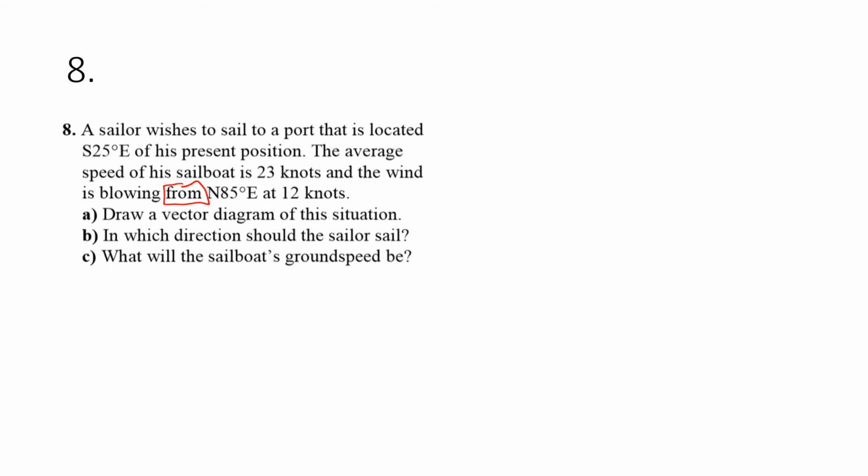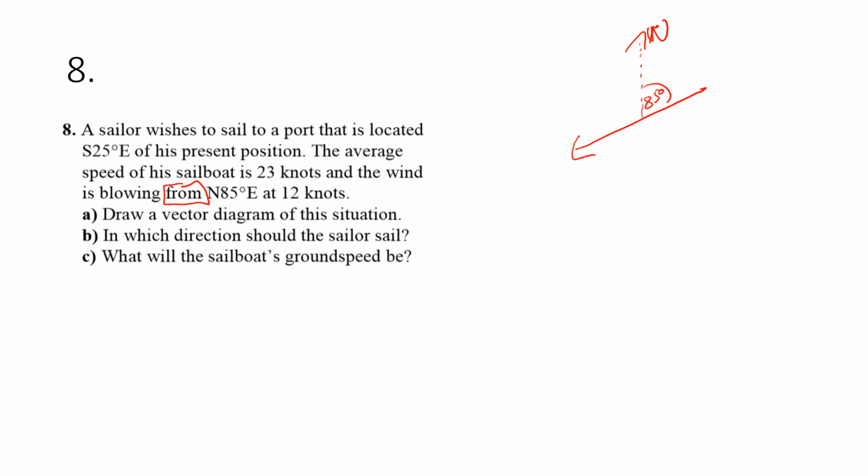Okay, so let's draw the vectors first. So the wind is blowing from north 85 degrees east. That means it's going this way, okay? Because it's from north 85 degrees east. And what else do we have? We have the speed of the sailboat.